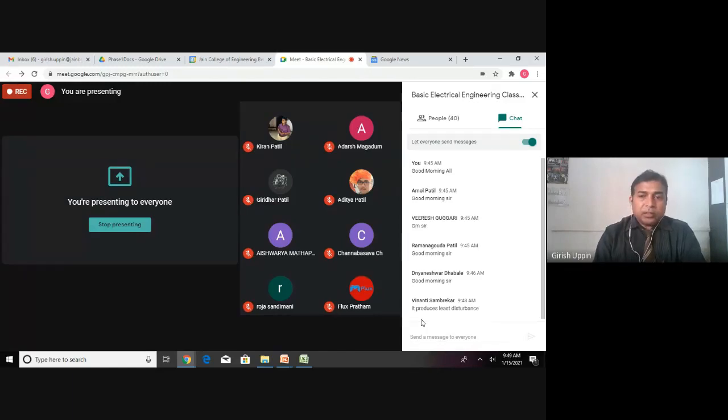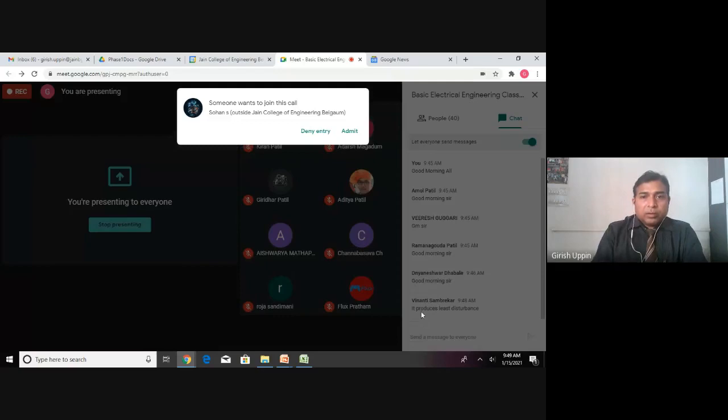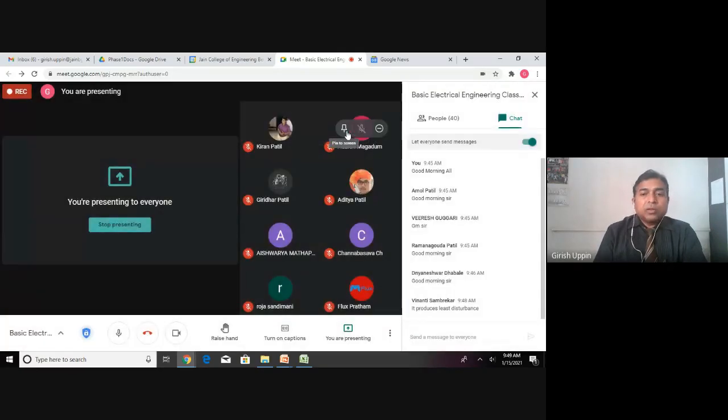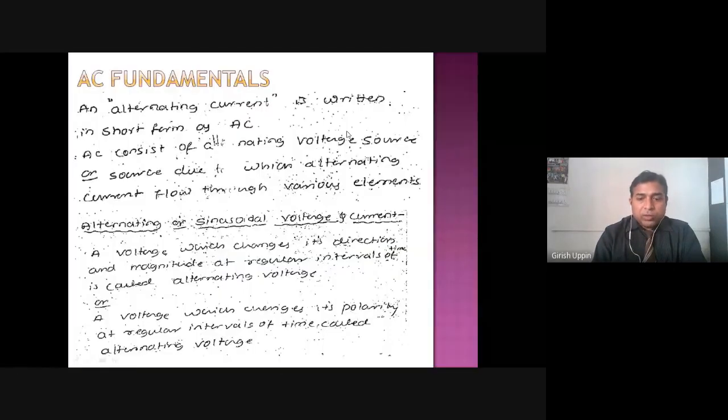And other advantages: mathematical calculations are simple with respect to the sinusoidal waveform, sinusoidal current will flow through different loads like a resistor, capacitor, and inductor, and also it is helpful in increasing the voltage level for transmission, which can be easily done using transformers.